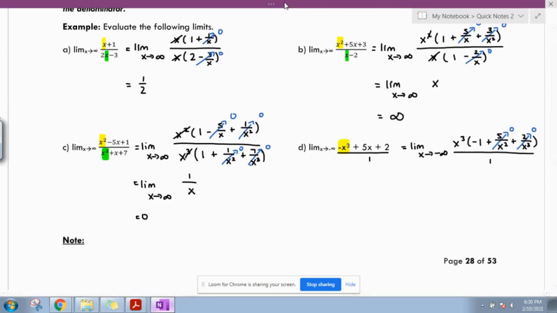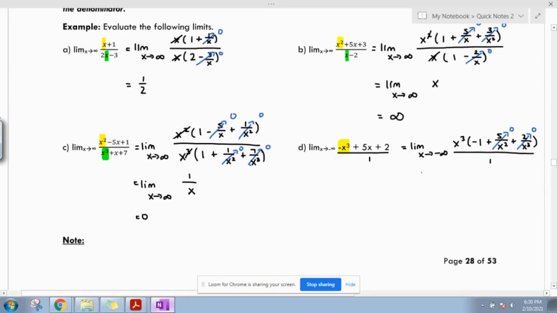And what we're left with, and this is the part you're going to have to be careful about, I'm going to be left with the limit as x approaches negative infinity. Now, I had x cubed left, and then I also have my numbers. I have negative 1 over 1 left, which is really technically times negative 1. So the real function that I'm now taking a look at before I evaluate is negative x cubed. So let's think about this now.